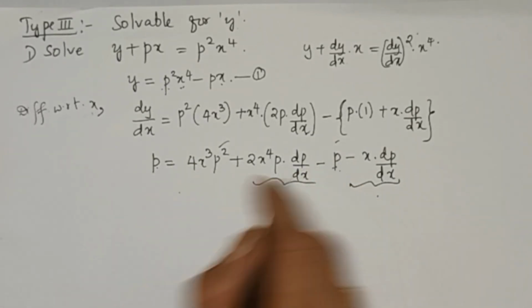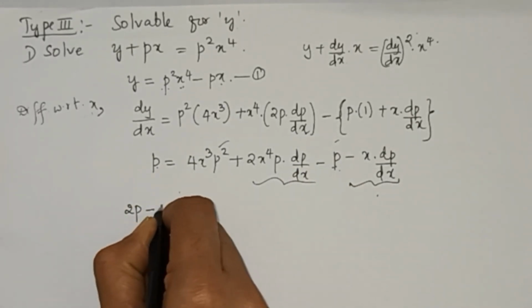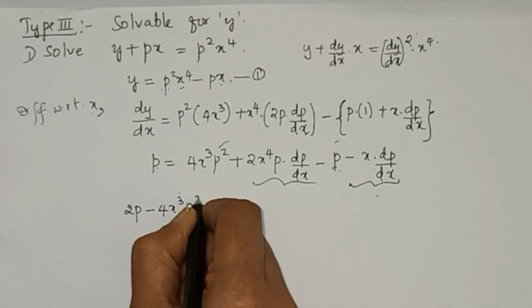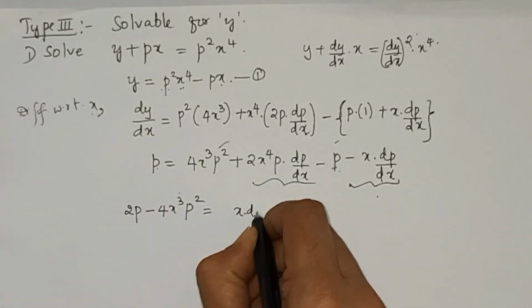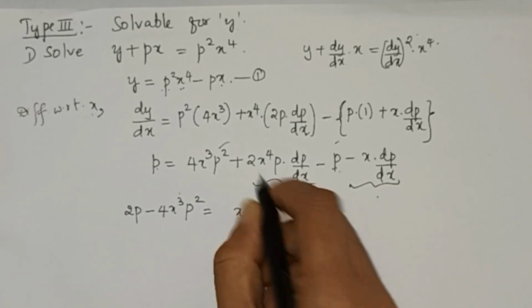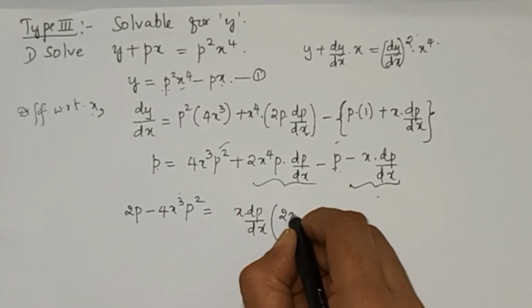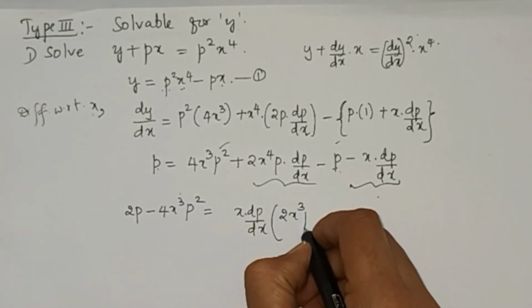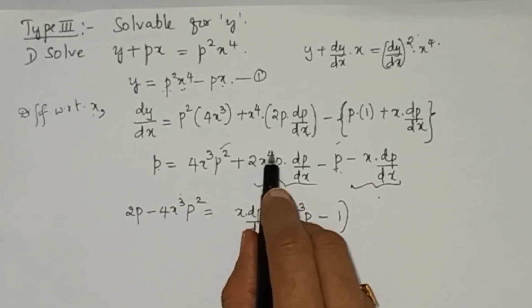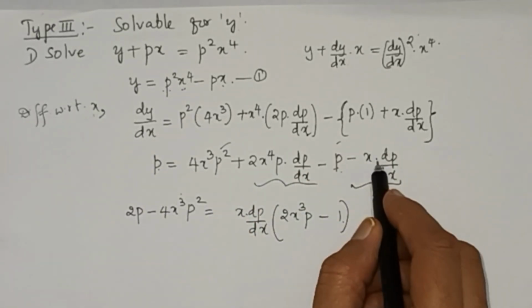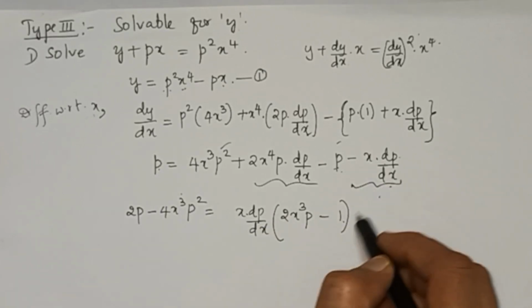So p plus p, 2p minus 4x cube p square equal to, here you can take x dp by dx common, then you will get 2x cube p minus 1. Here 2x cube p remains, and with x dp by dx taken common, 1 remains.